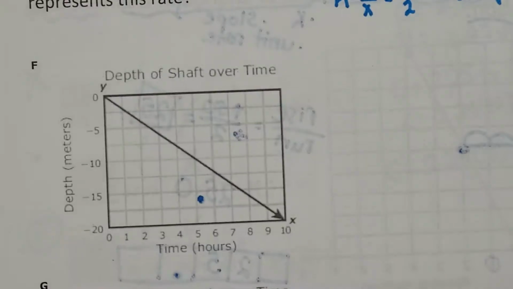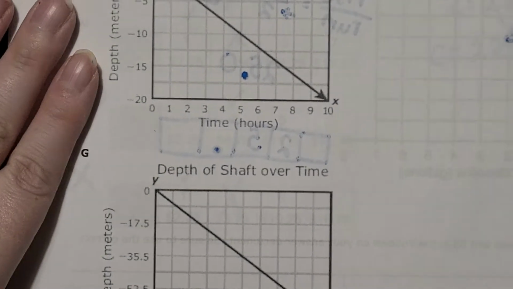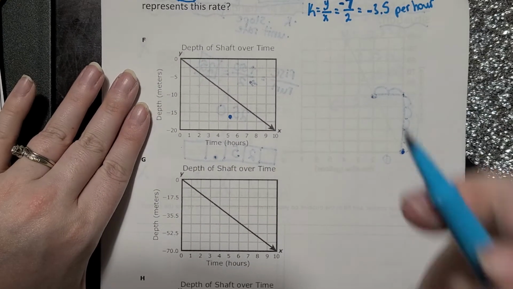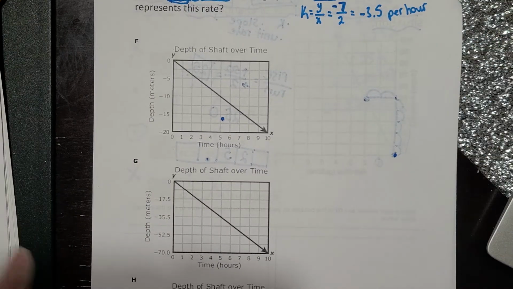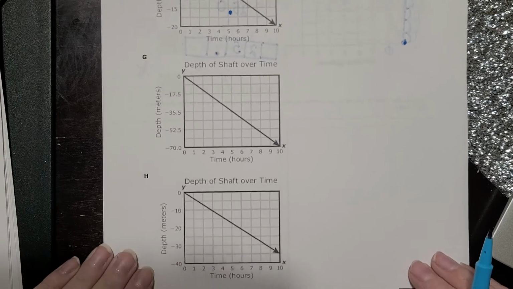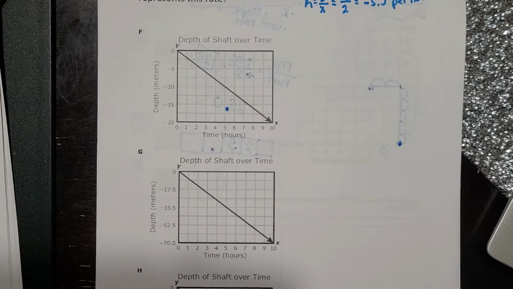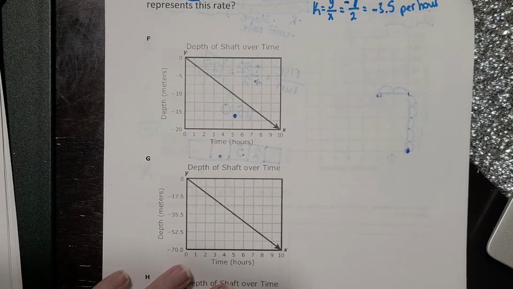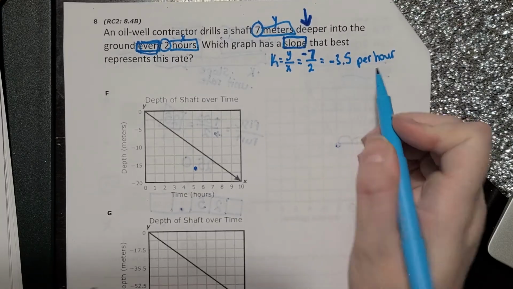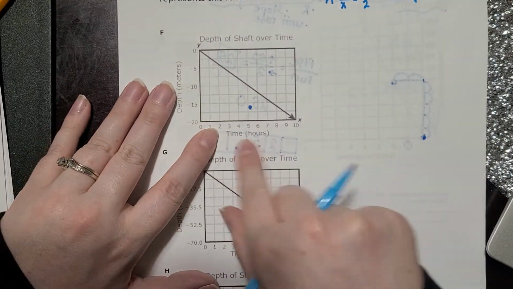All right, let's go back and look at our negatives. So our negative slopes, we're looking for one that's going down negative 3.5 per hour. When you test your graphs, you need to use your rise over run on each of them, but let's look for what's reasonable. Negative 3.5 per hour. So here I'm going to find hours.